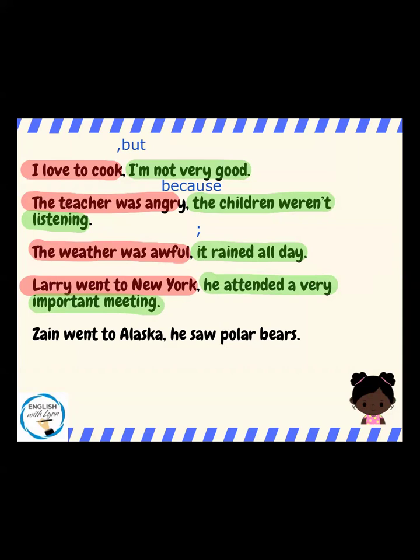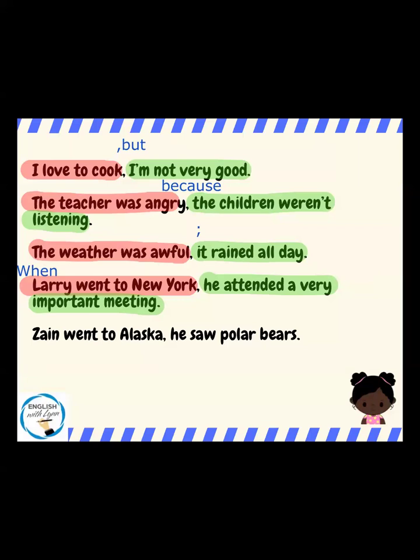So: "When Larry went to New York, he attended a very important meeting." I'm still going to need my comma because I've now got a subordinate clause at the beginning of the sentence.